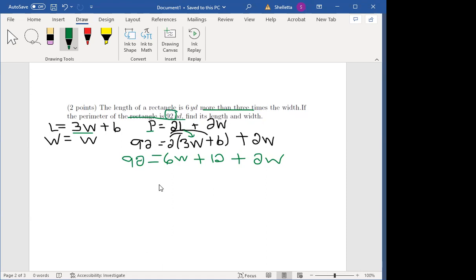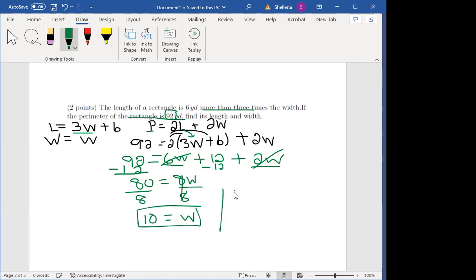Now we want to solve this equation so we can combine these like terms. 6W plus 2W gives us 8W. And let's subtract 12 from both sides of the equation. And 92 minus 12 will give us 80. We solve this, divide both sides by 8, and we'll get the width is equal to 10.